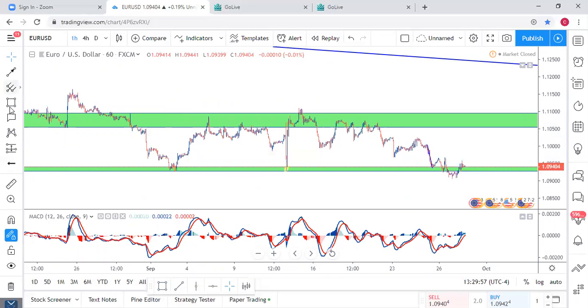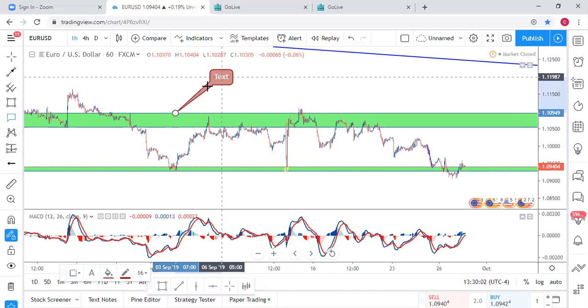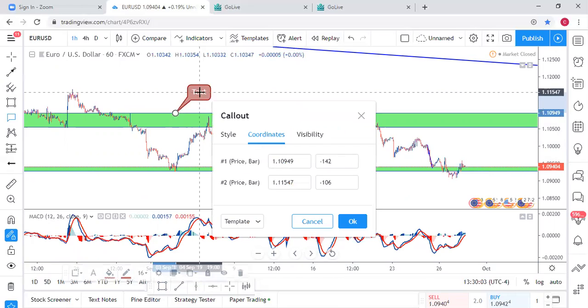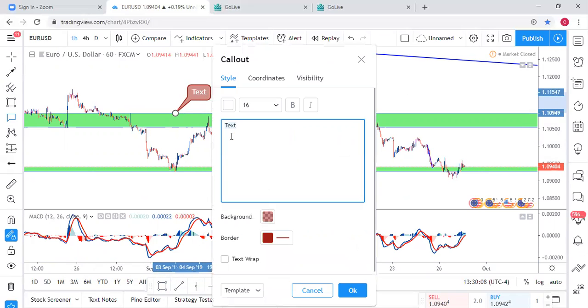This area here is a major support and resistance area, right?